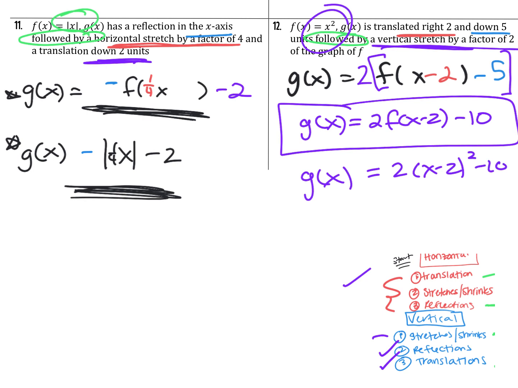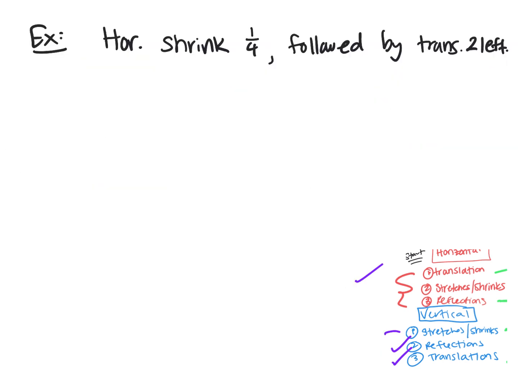Now I want to do one more example because I want you to see what happens if we have something in the wrong order with the horizontal. I think these examples did a good job of showing what happens if we have something in the wrong order vertically, but let's see what happens if we have something in the wrong order horizontally. All right, so we're gonna stick with generic functions.